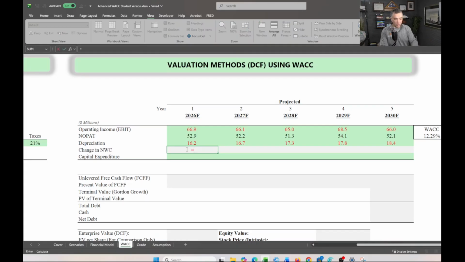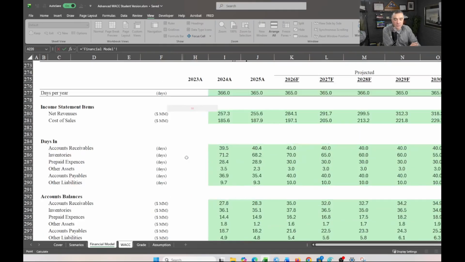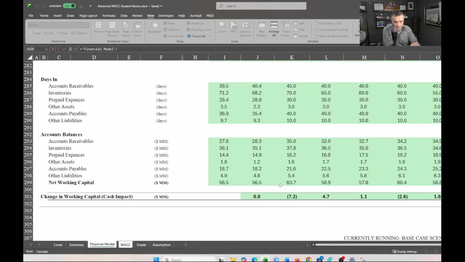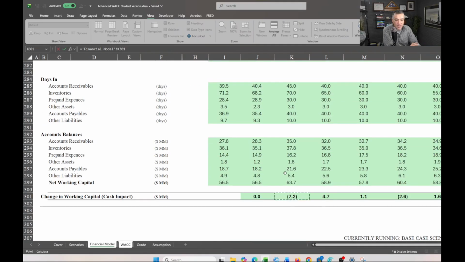So what we're going to do, where is this found? The net working capital. There's something called the working capital schedule, which is right here. We want that first projected year, which is negative 7.2. And I want to show you what we did in this one. This might seem a little different than what you're used to. To find net working capital, I summed up all the assets and subtracted out the liabilities.